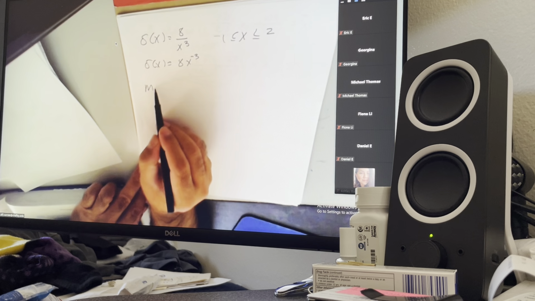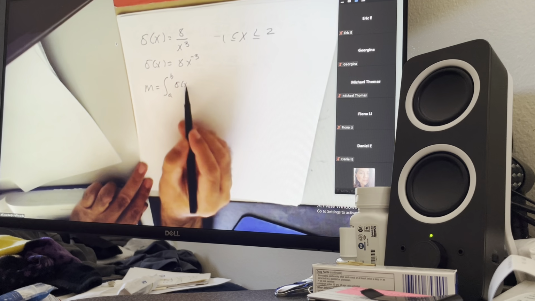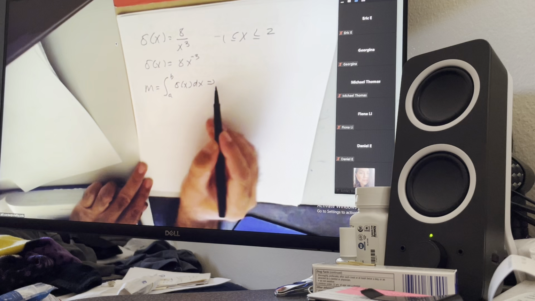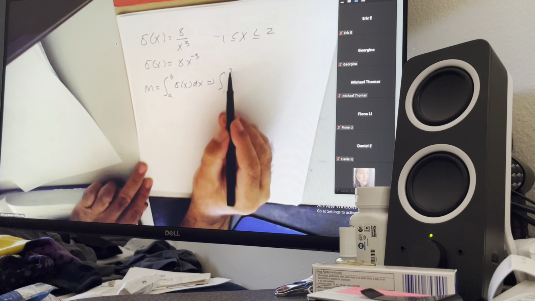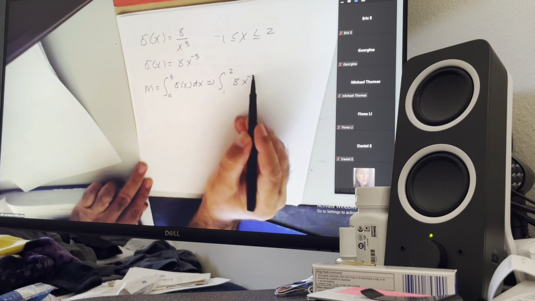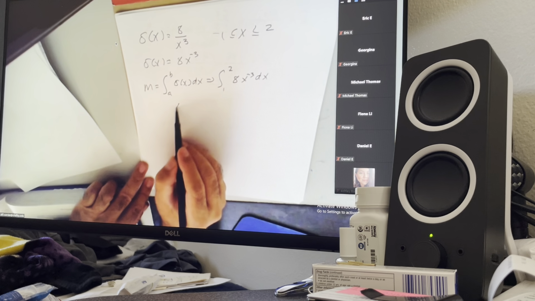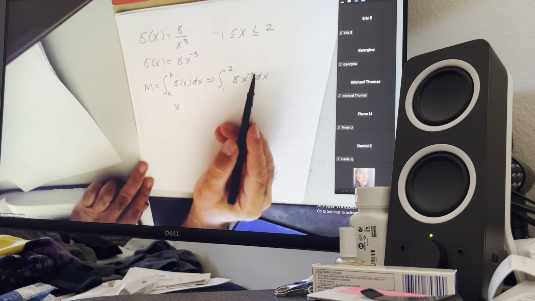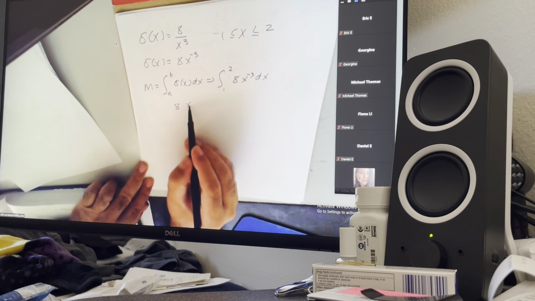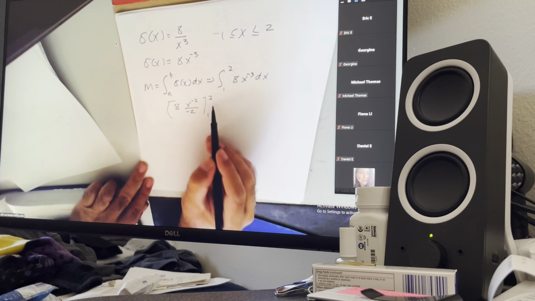So we need to find the mass first. The mass will be the integration from a to b of density times dx. So this is 1 to 2, and the density function is 8x to the -3 times dx. We'll take the integration of that. The 8 is a constant, so we add 1 to the exponent, and this becomes x to the -2 divided by -2, going from 1 to 2.